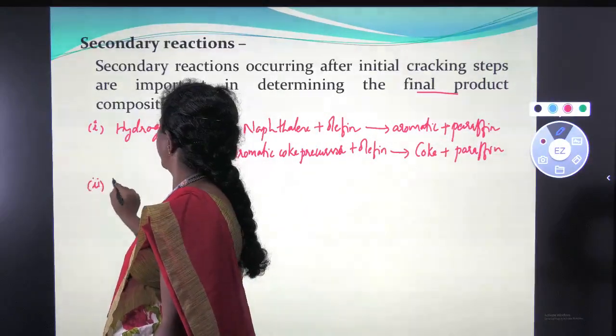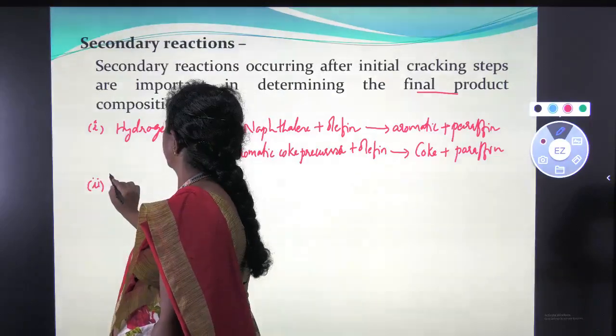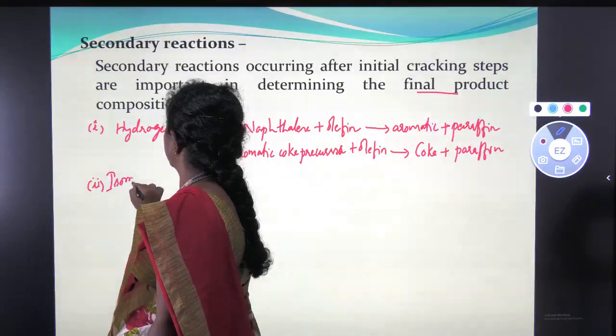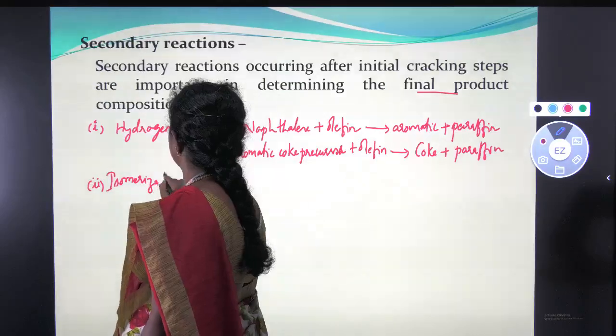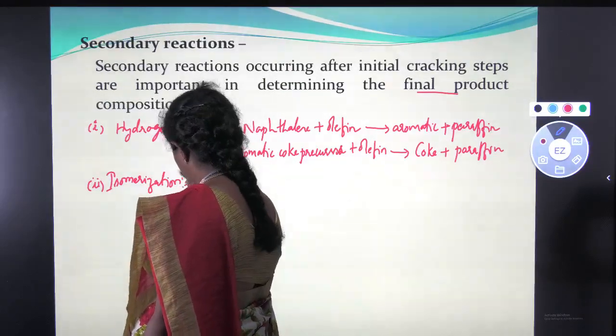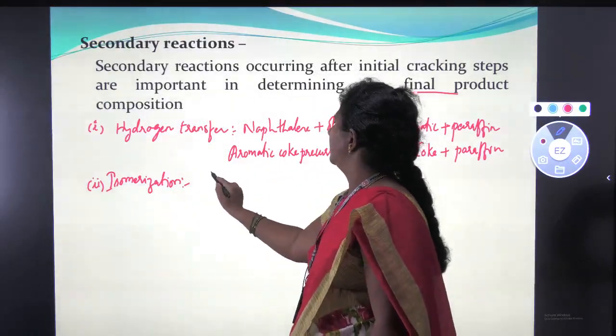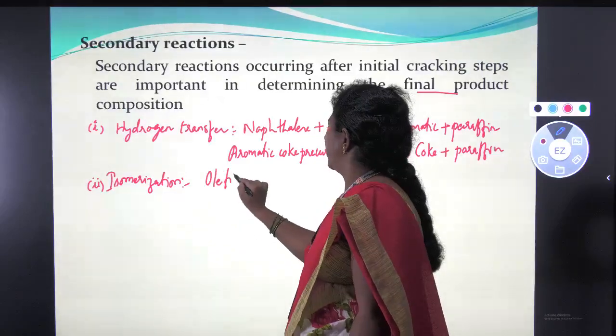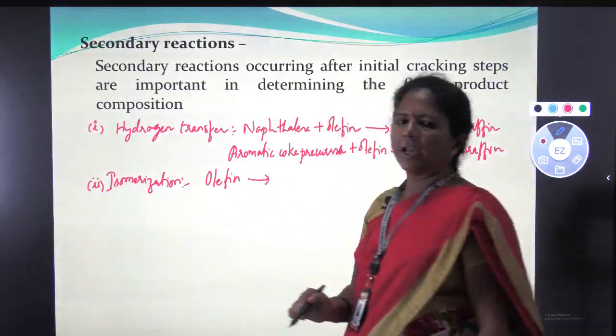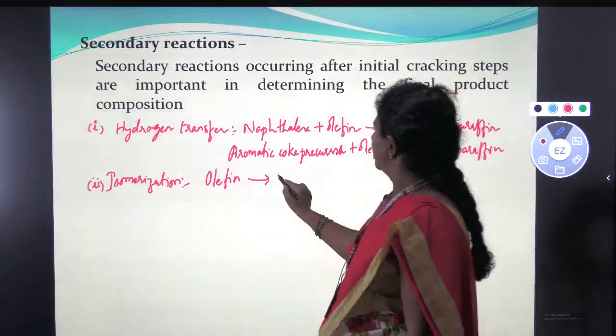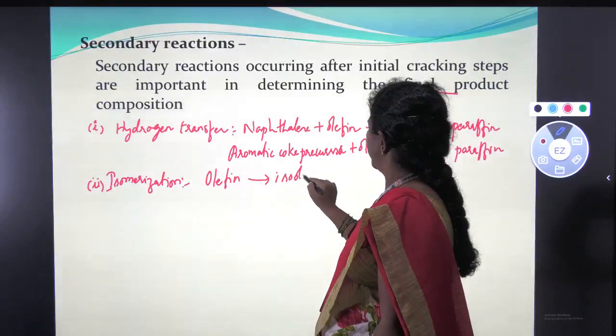And if suppose the product is formed through isomerization, here the olefin will isomerize and form isoolefin.